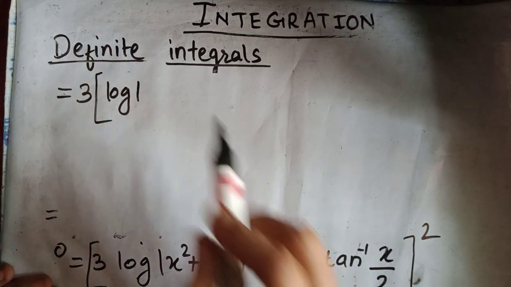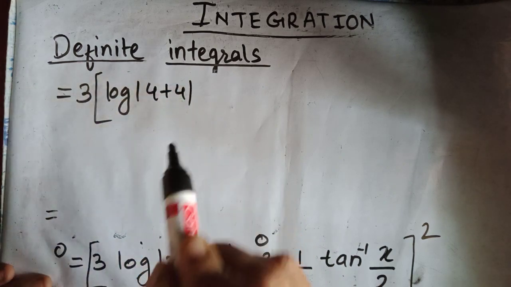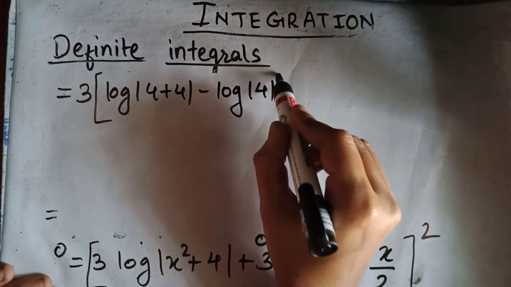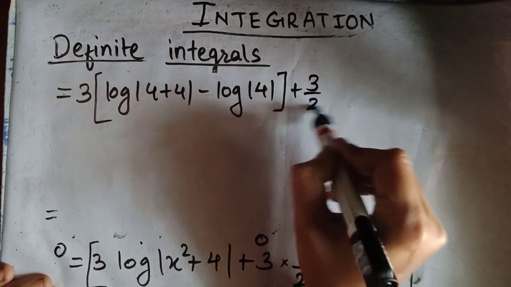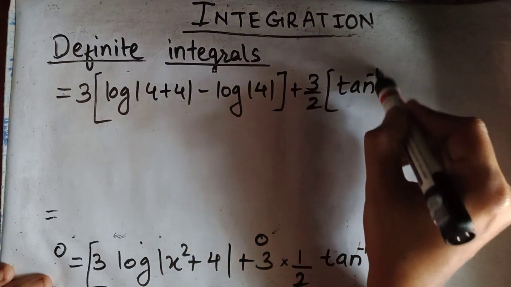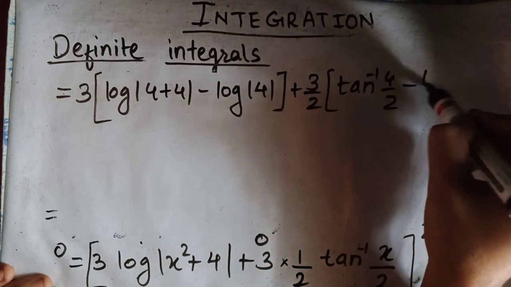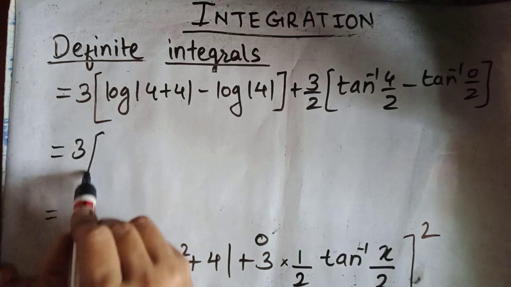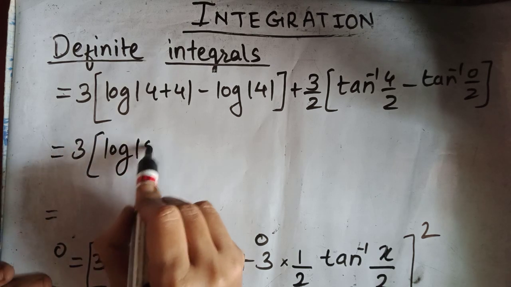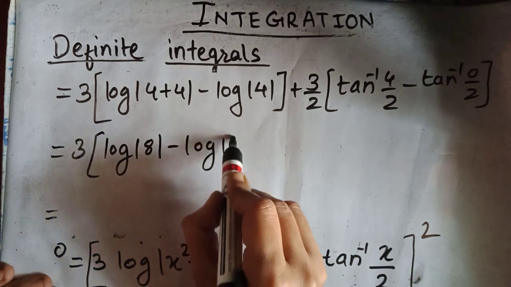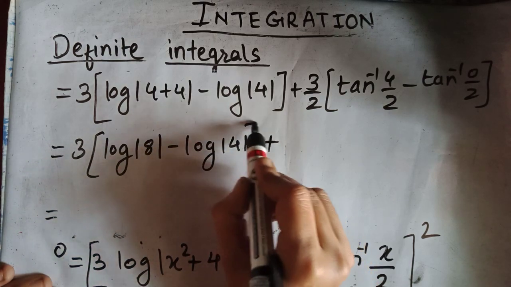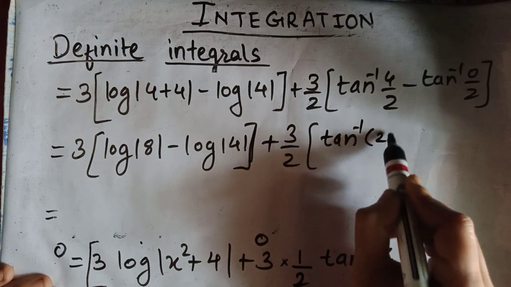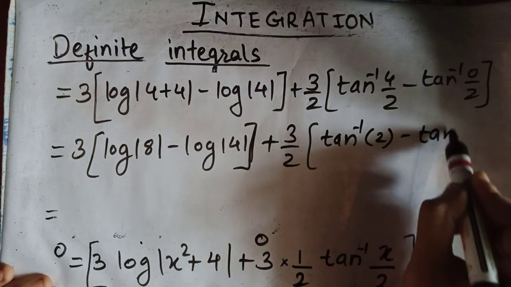First you have to put 2, so 2 square is 4, 4 plus 4, minus log of 0 plus 4, so this is 4, plus 3 by 2 tan inverse 4 by 2 minus tan inverse 0 by 2. So this will be log 8 minus log 4 plus 3 by 2 tan inverse 2 minus tan inverse 0.